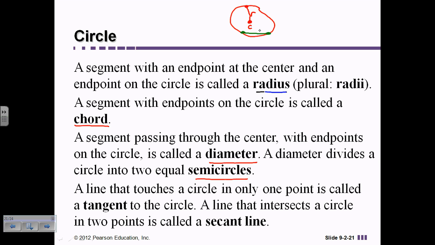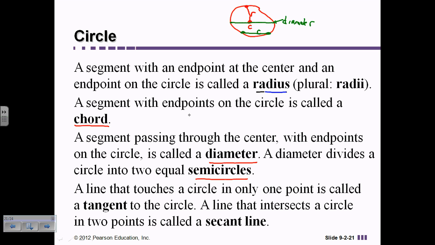So this is a chord. The diameter is the chord that goes through the center of the circle. So this is our diameter. Now the diameter cuts the circle into two semicircles, or two half circles.